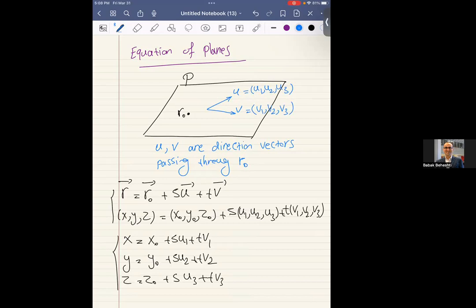The first is called the vector equation, the second is called parametric.